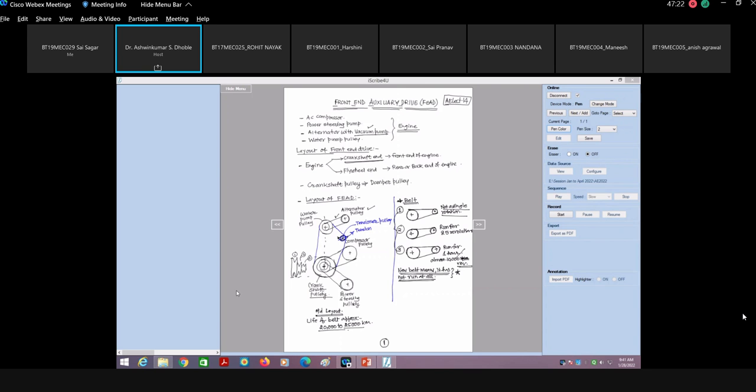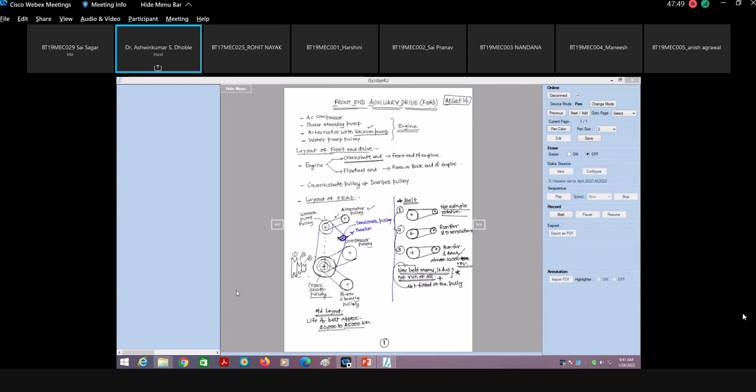Basically the belt which is not fitted on the pulley, that is the new belt. So new belt means not fitted on the pulley. So this is the definition. One more, it has not completed even one rotation and is not fitted on the pulley, that is only a new belt.